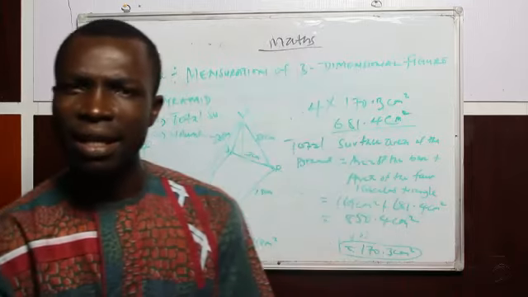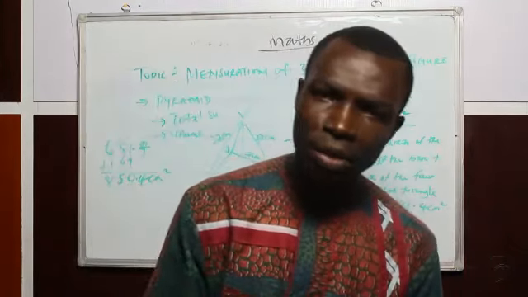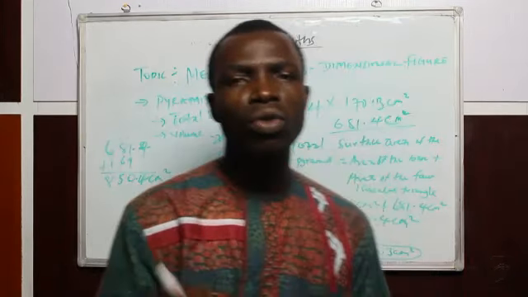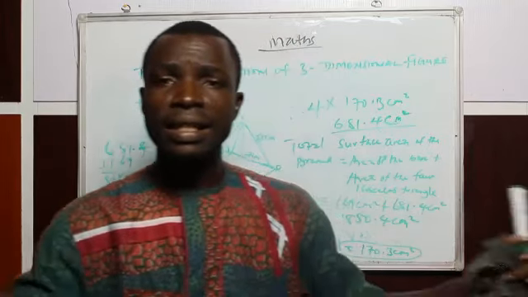Now that's the area. We are not yet through with the questions. We have to move forward by finding the volume of the pyramid. There is a formula for finding the volume of the pyramid, and the volume is given to be 1/3 times base area times height.